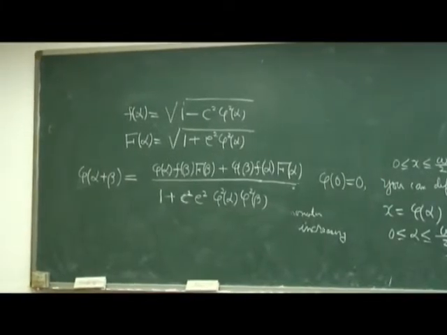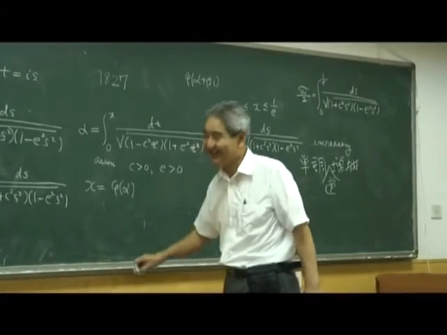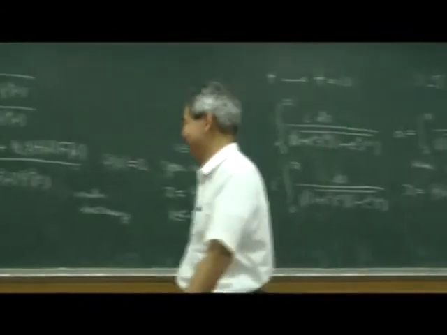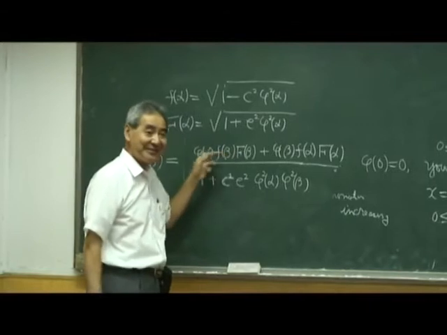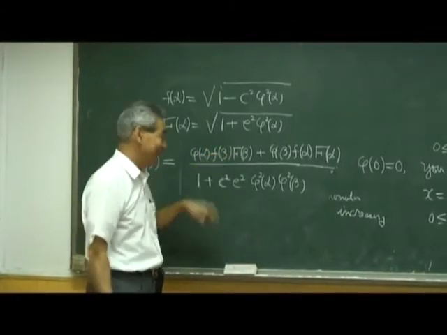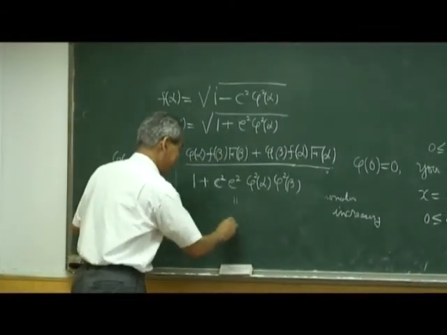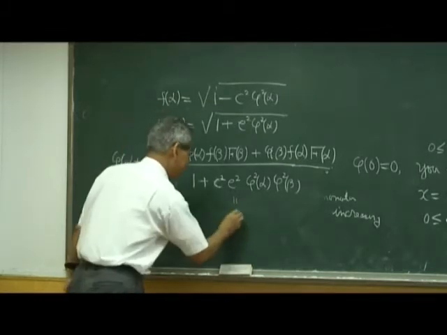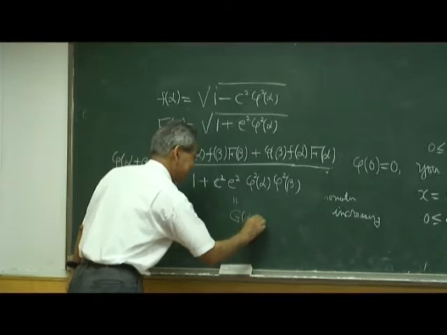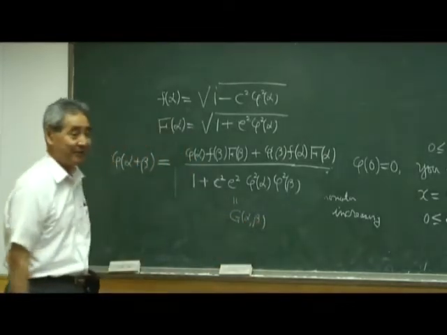That's the definition. The proof, a very straightforward proof, is the following. So just consider this as a function in alpha and beta, say, maybe g of alpha beta, the function of alpha and beta.